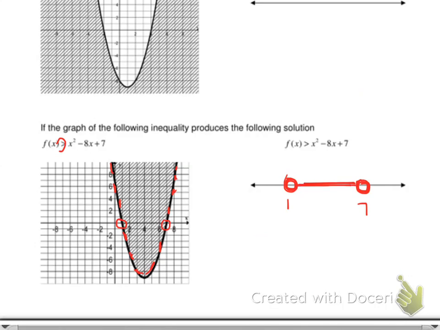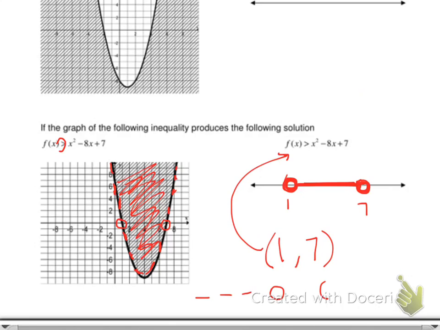This time I'm going to shade in between the two circles. Why am I shading in between the two circles? Because the graph is shaded in between the two circles. So my solution is 1 to 7 with parentheses because of the open circles, because of the dashed line. So once again, dashed line, open circle, parenthesis.